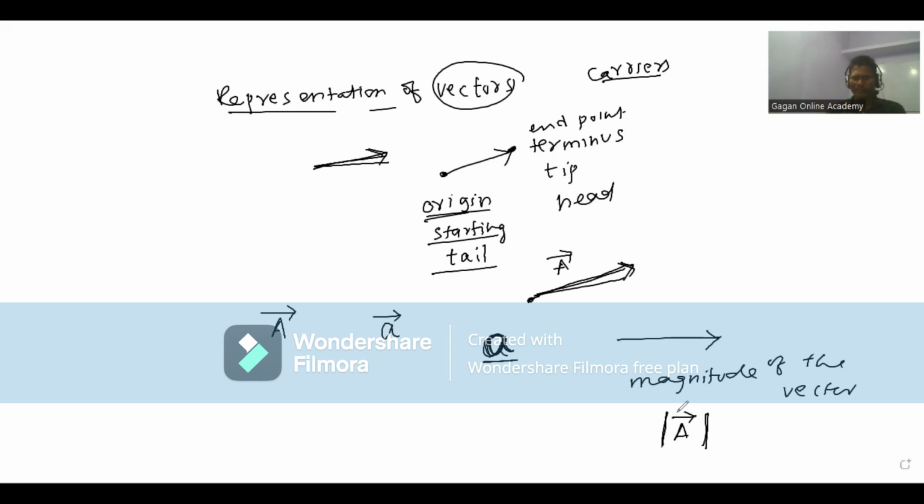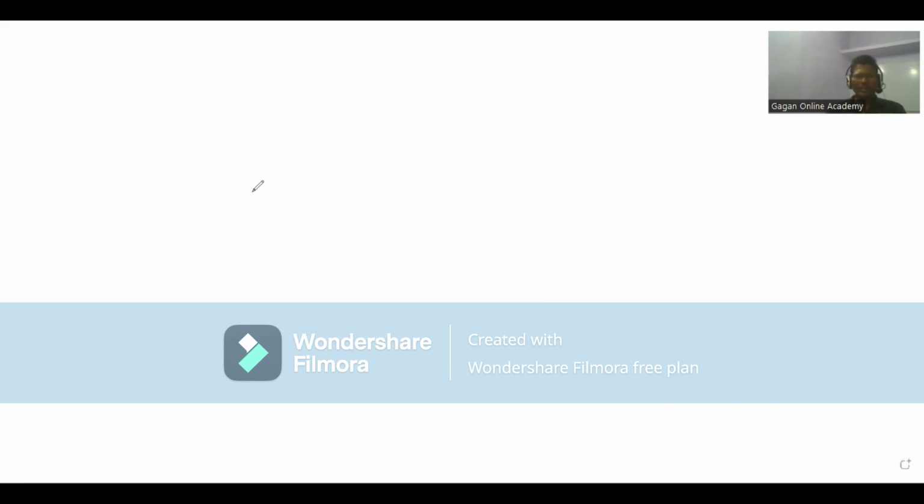Or sometimes simply you can write A. A means this is magnitude also. So generally we use this modulus symbol to indicate modulus of the vector. Sometimes we represent vector like this also, AB. Here A is the starting point and B is the ending point.